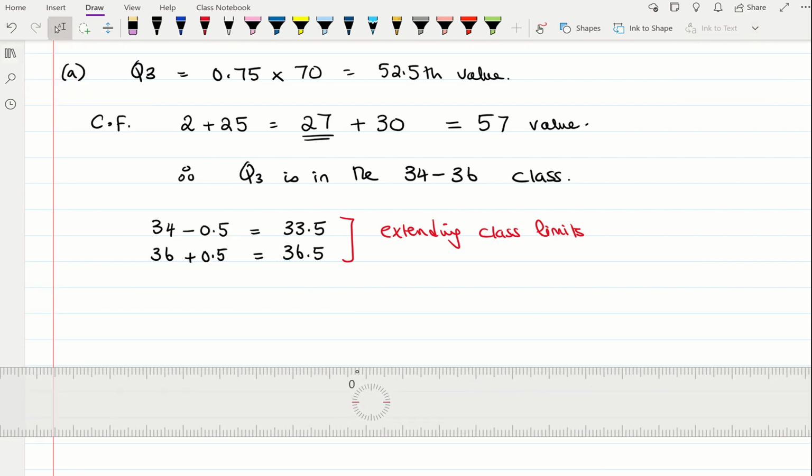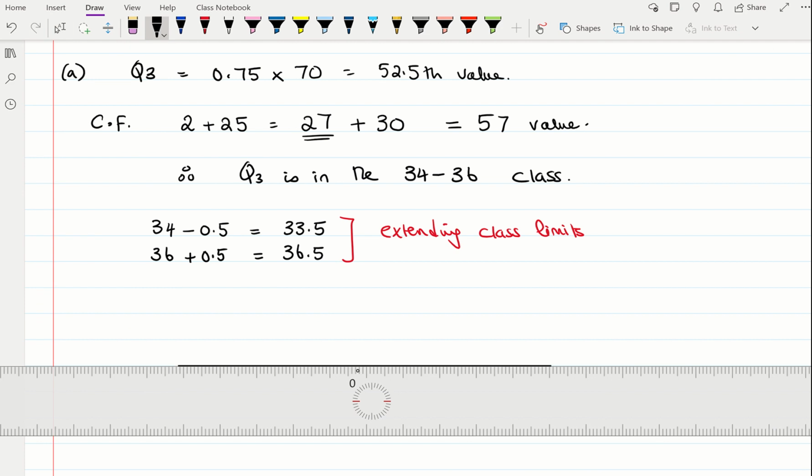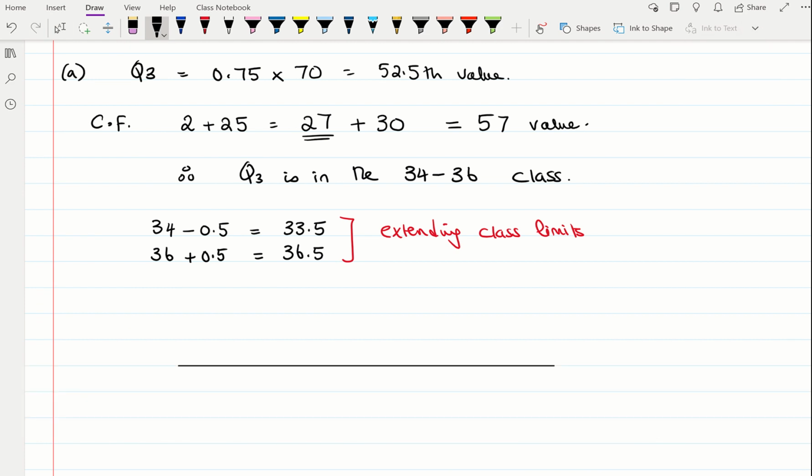So they create a number line. This is a number line for the class, for the group. We know it starts at 33.5, we've said that, and we know it ends at 36.5.